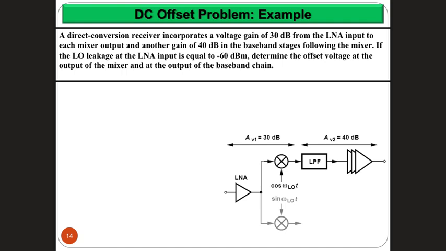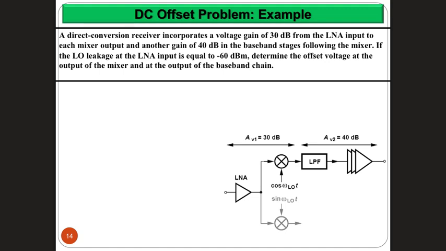So from this point until the signal reaches here, the amplitude of the signal, which is called the voltage gain, is going to have another gain of 40 dB. So what you see here is 30 plus 40, which is 70 dB amplified as compared to the input of this low noise amplifier.